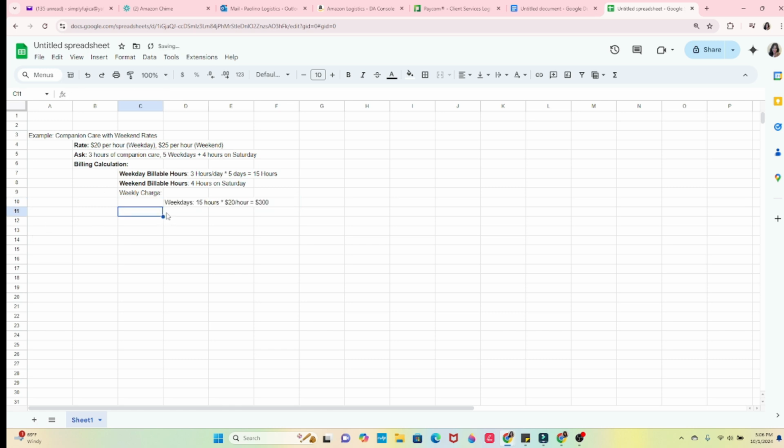Okay, plus remember they have half a day that we're working for them, so that's the 4 hours times $25 an hour. And we know that equals $100.